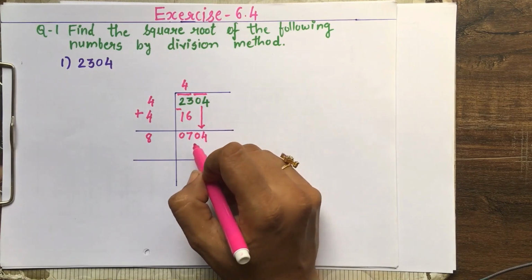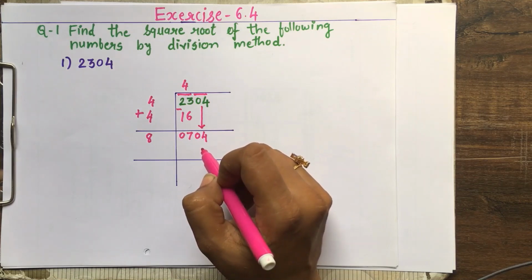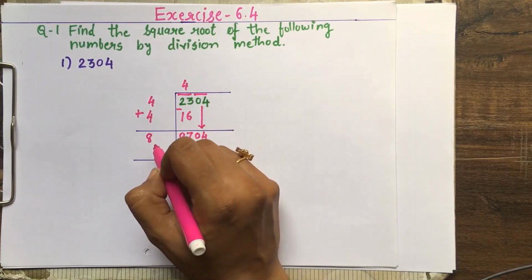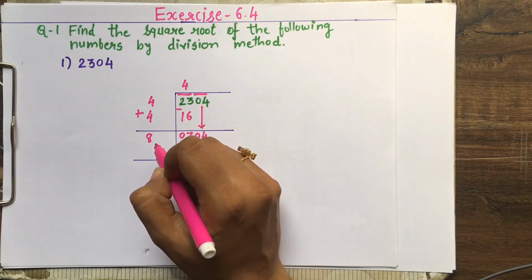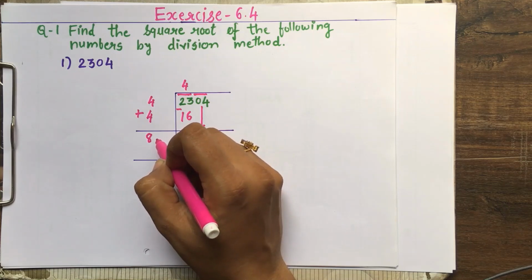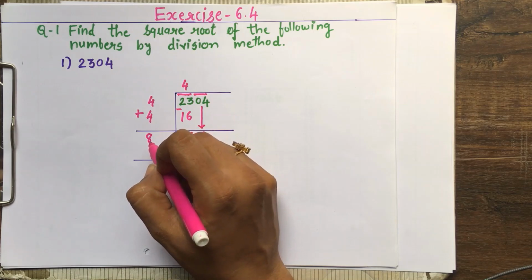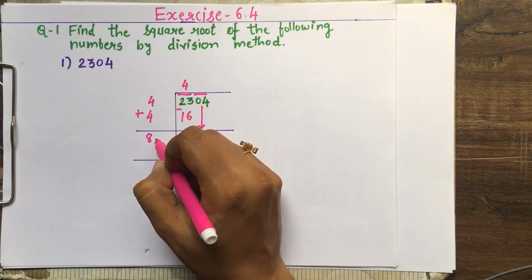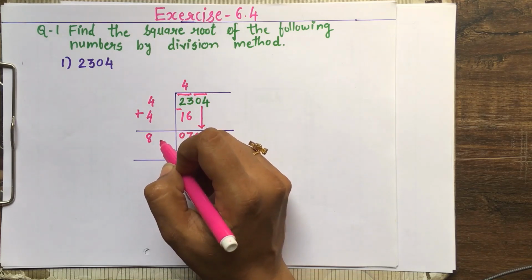So now I have to divide this number 704. For that, again I have to choose some number over here along with 8, so that if I multiply the same number, suppose if I'm taking 2 over here, then the number will be 82, and that 82 I'll multiply with 2 because the number I have chosen over here is 2.